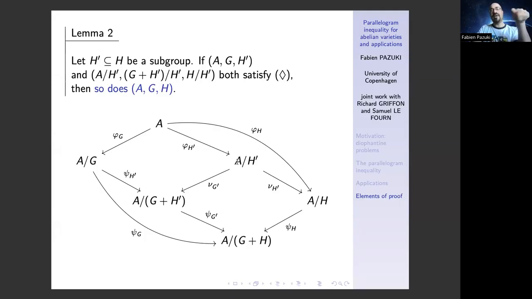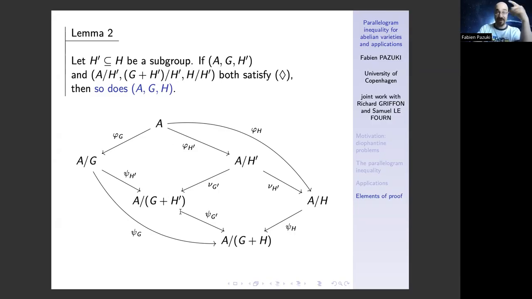And now imagine, second assumption, that you can prove the parallelogram inequality on this parallelogram. There's another small parallelogram here. So be careful. This is the new abelian variety, and then it's quotiented by H, and then here you have to quotient by the correct group.